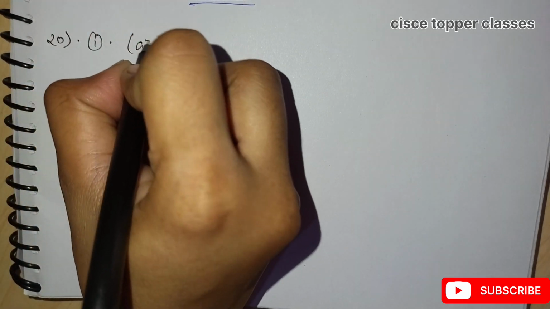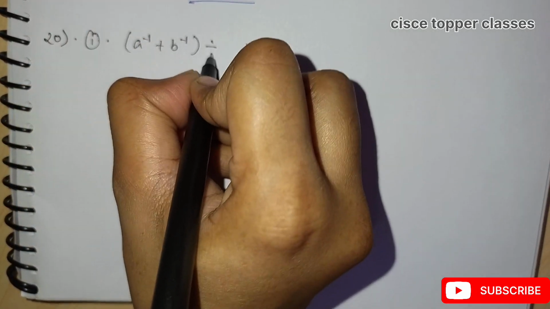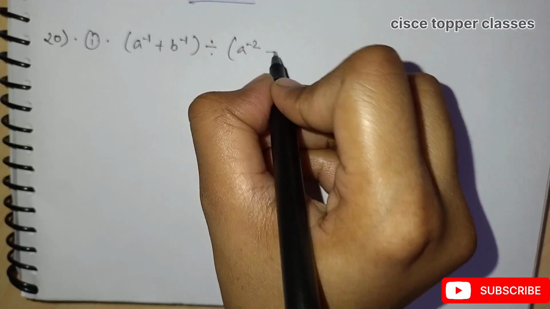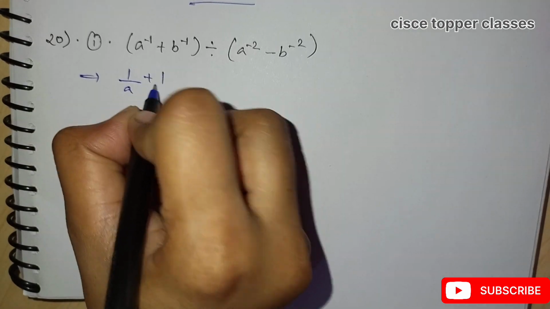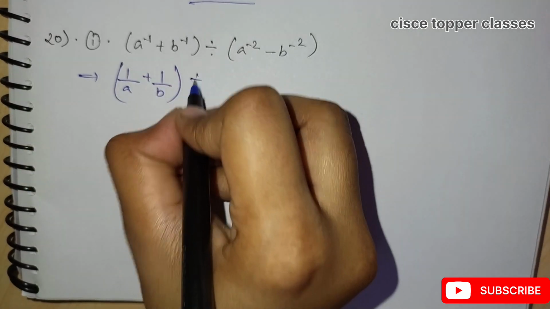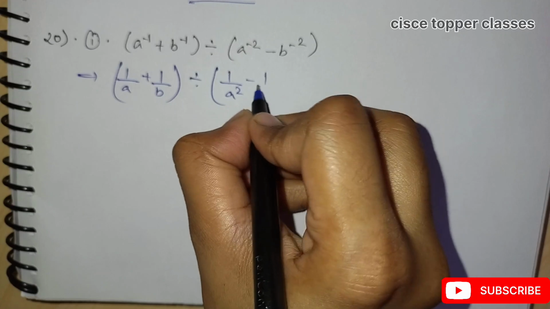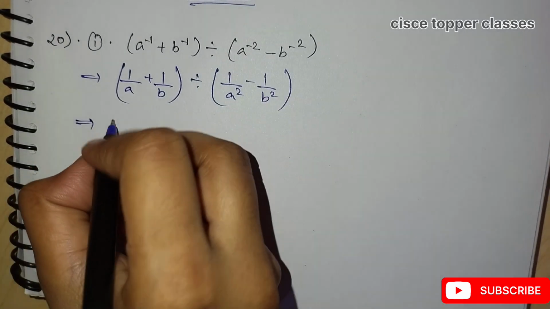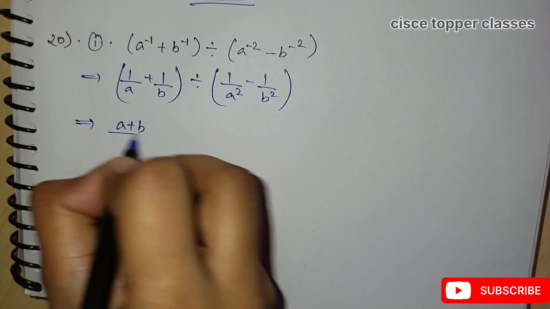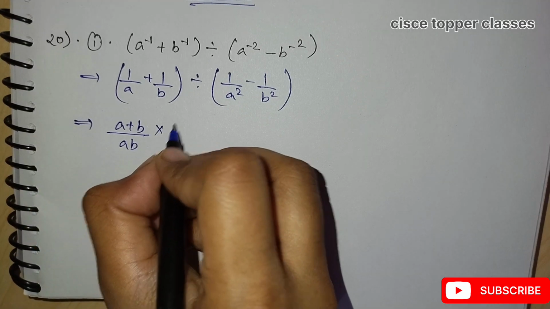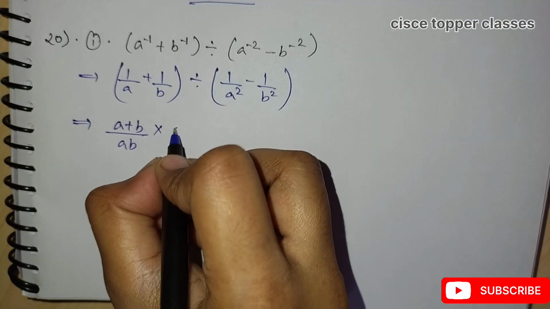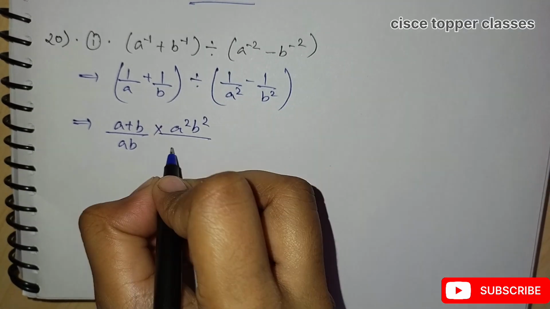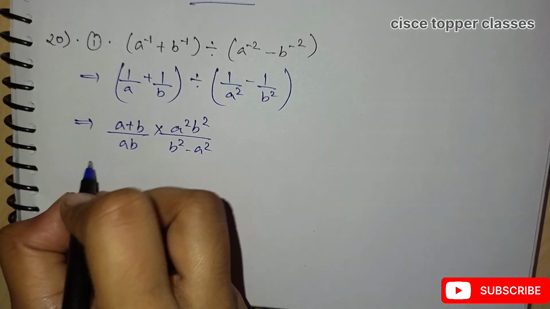Now let us solve question number 20, first part, which is a inverse plus b inverse divided by a to the power minus 2 minus b to the power minus 2. So it will be 1 by a plus 1 by b on writing it, dividing by 1 by a square minus 1 by b square, equal to a plus b divided by ab into, on taking it as LCM and dividing that part, a square b square divided by b square minus a square.